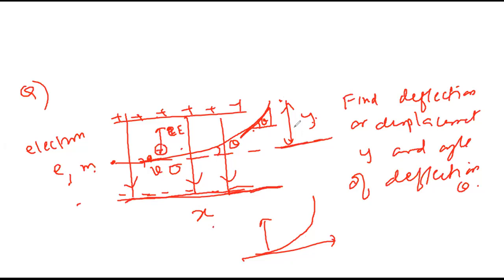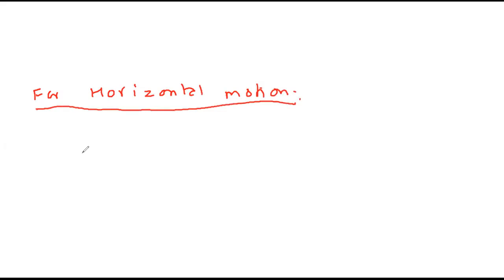Yes. And in vertical it is y. Acceleration due to the electric field is along y or along x? Along y, sir. Along y, correct. Along x, what is the acceleration? 0. Very good. Along x there is no acceleration.